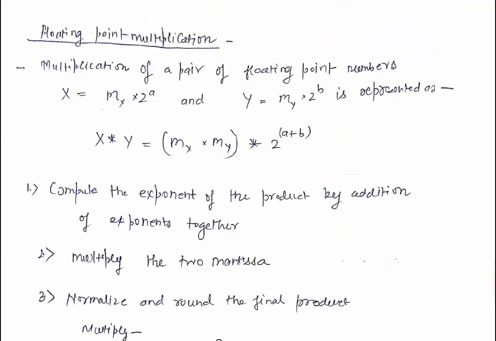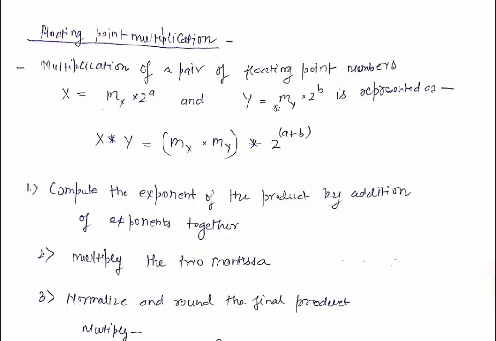Now we come to multiplication, how we are going to perform the multiplication of floating point numbers. We have already seen the multiplication of integers, signed and unsigned. In case of floating point multiplication, let's say one number is x equal to mx into 2 raised to power a, where mx is the mantissa of x and a is the exponent of the first number.